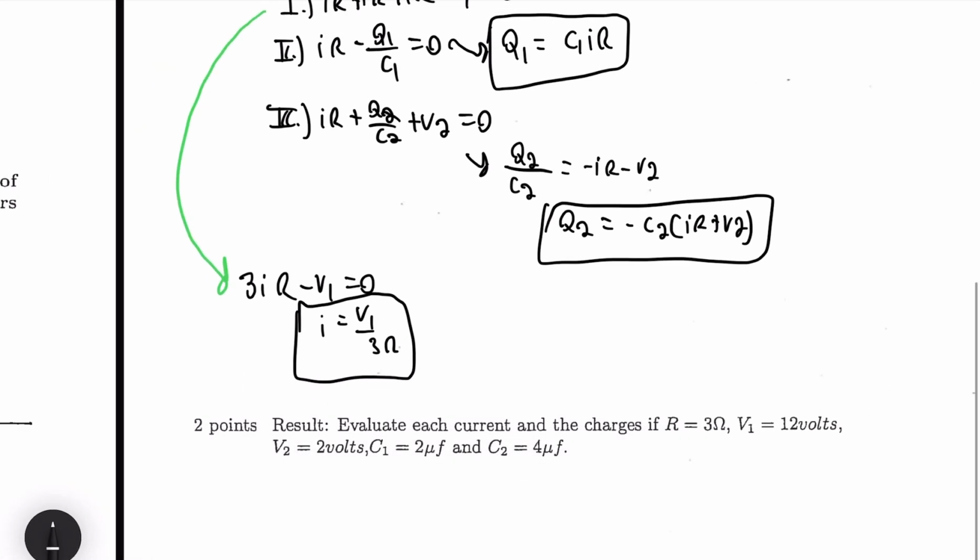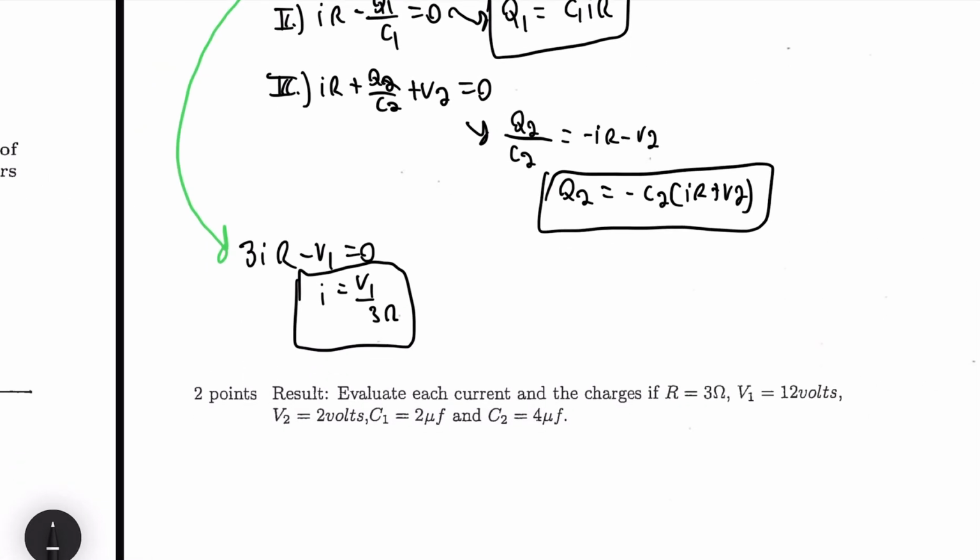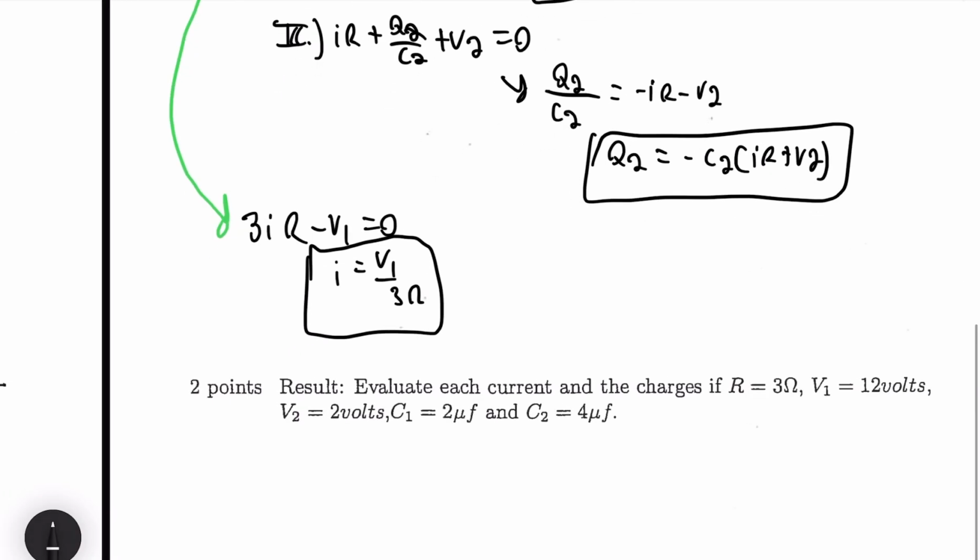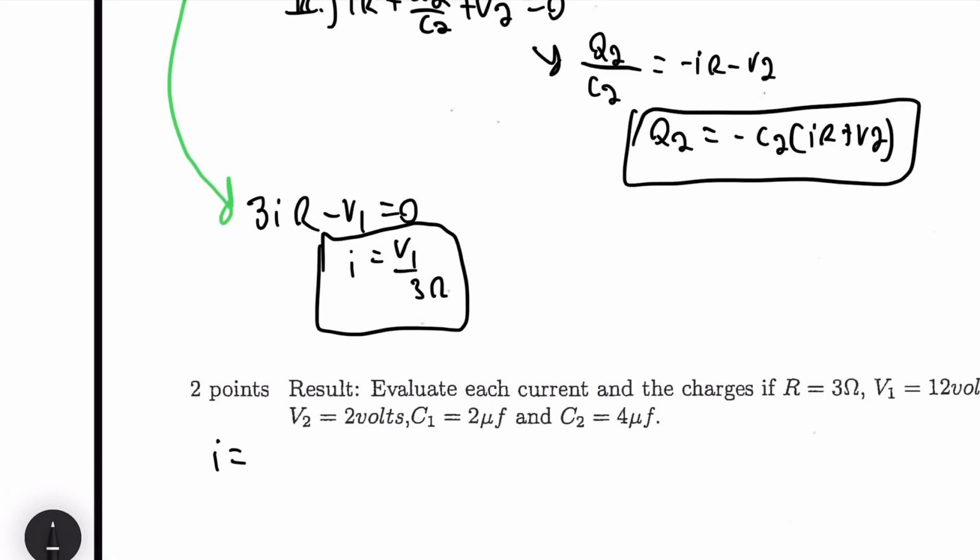And then the bottom part is basically just asking you to plug in numbers to the equations you have. So if I do that, let's start with current. So current would be V1, which is 12, divided by 3 times the resistance, which is also 3. So this is 12 over 9, which could simplify to 4 over 3.